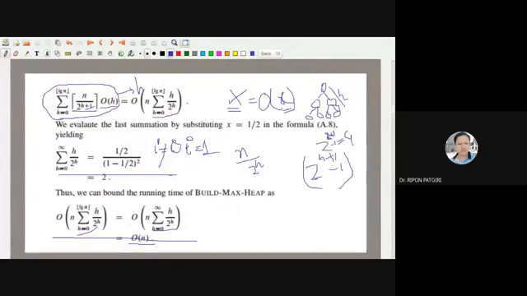What you are saying is absolutely correct, because in our case, this is height h plus 1 minus 1. For example, if height is 3, then 2 to the power 3 plus 1 minus 1 is 15, right?